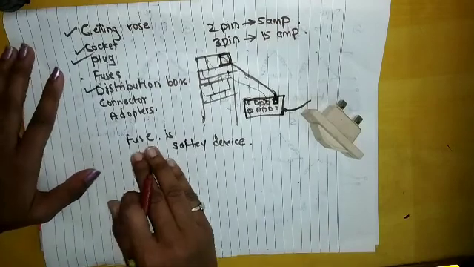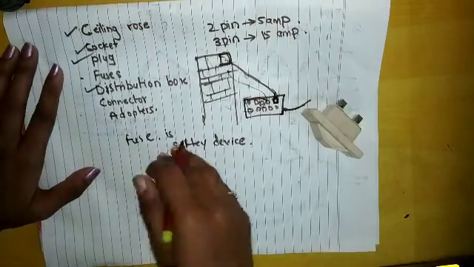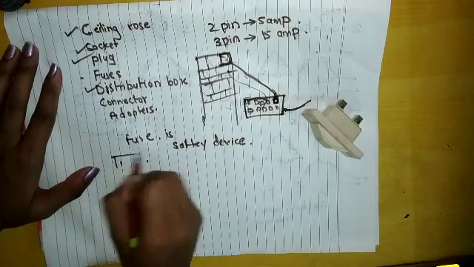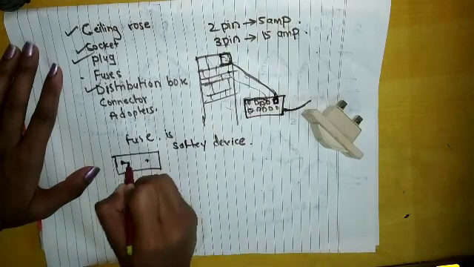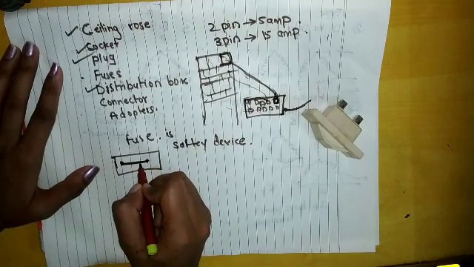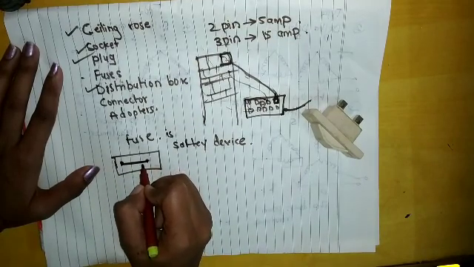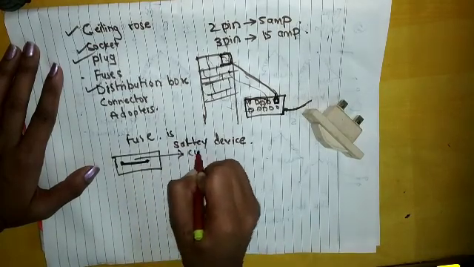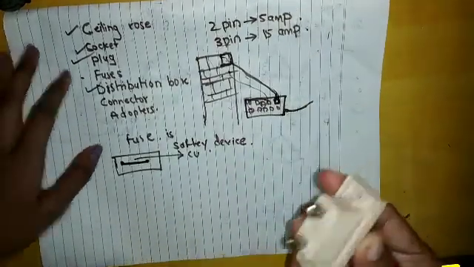What happens whenever there is overcurrent flow? Consider this is our fuse and this is the fuse wire, right? This fuse wire, the fuse element, is made up of copper or tin lead. Just remember, this is made up of copper or tin lead.